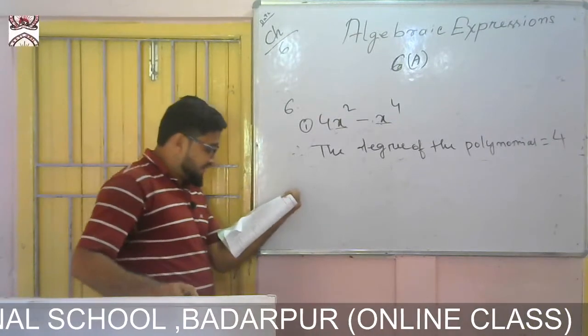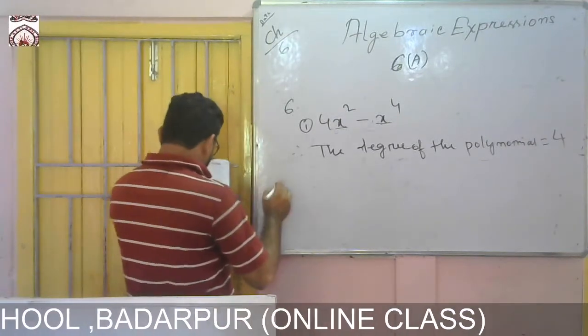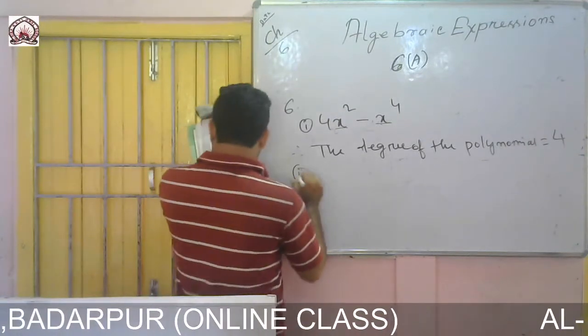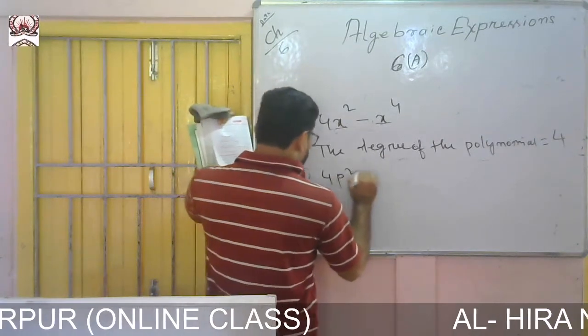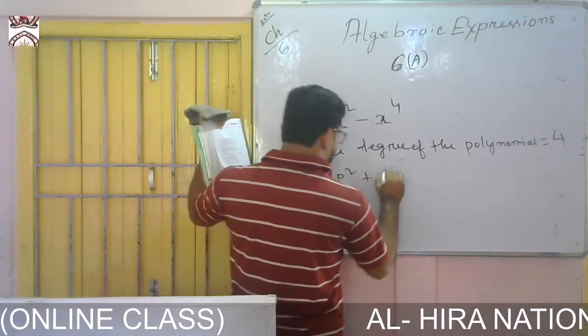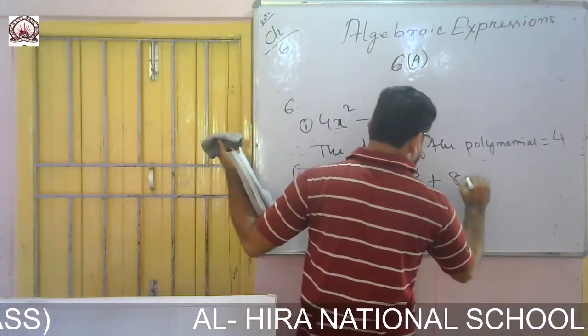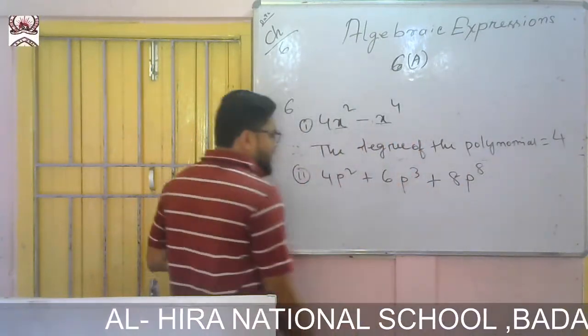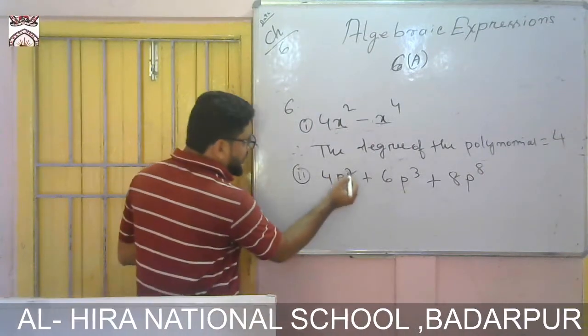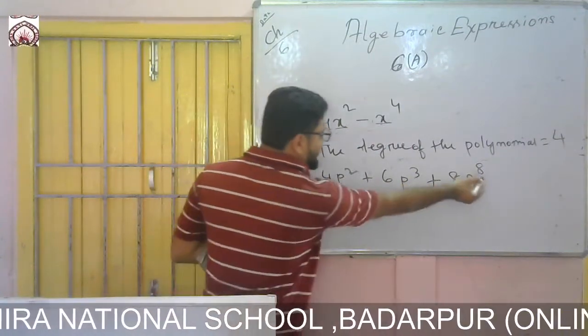So now come to question number 2. Question number 2: 4p square plus 6p cube plus 8p to the power 8. Obviously this is power 2, this one 3, this one 8.